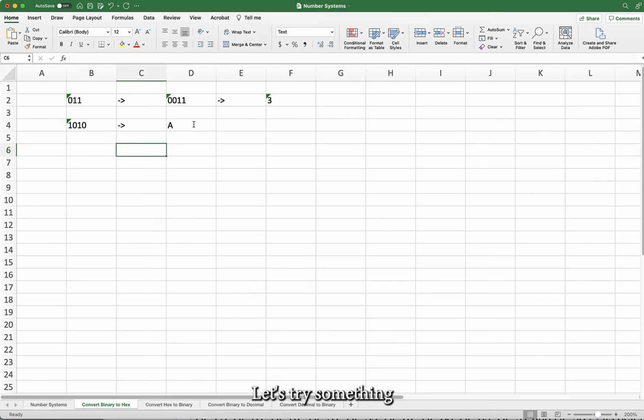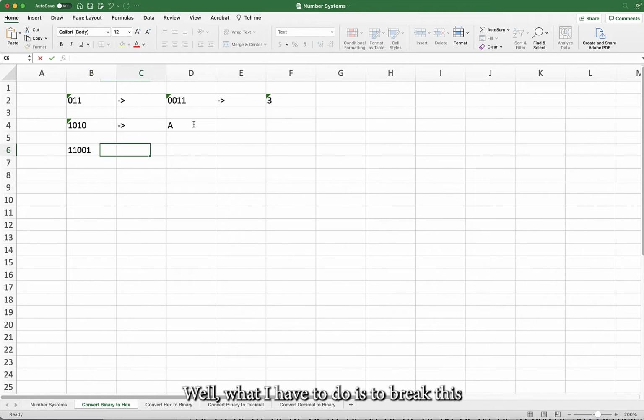Now let's try something a little bit more difficult. Let's do 110001. Well, what I have to do is break this into 2 groups of 4 bits.